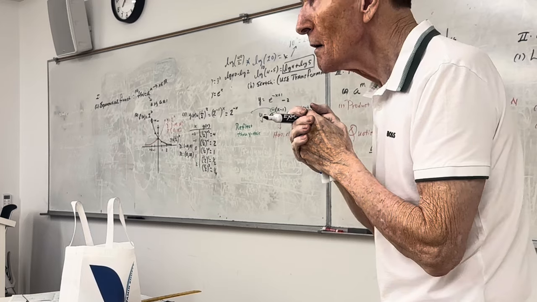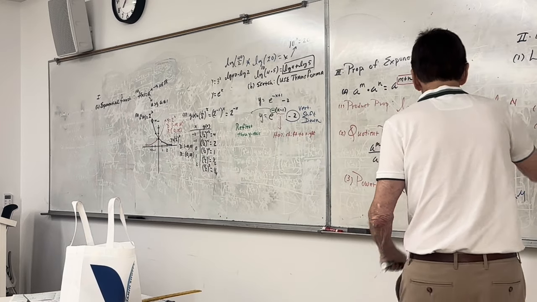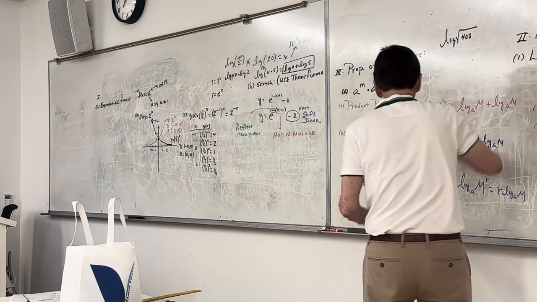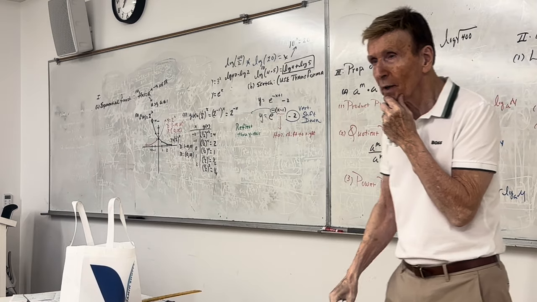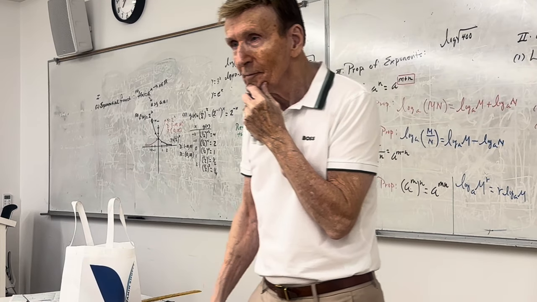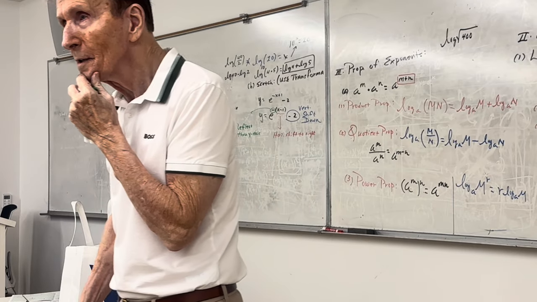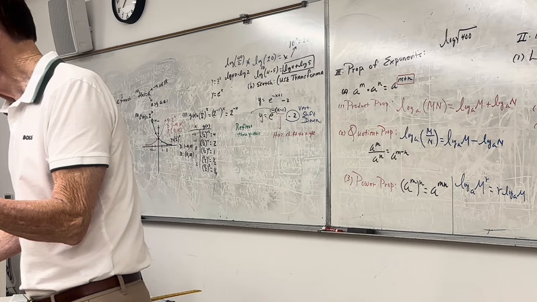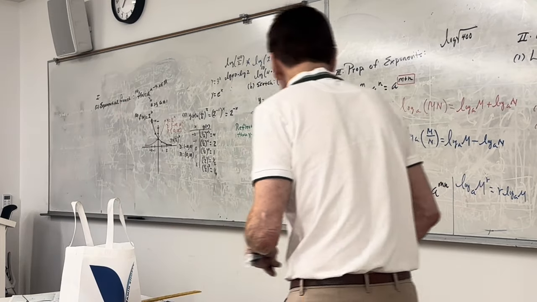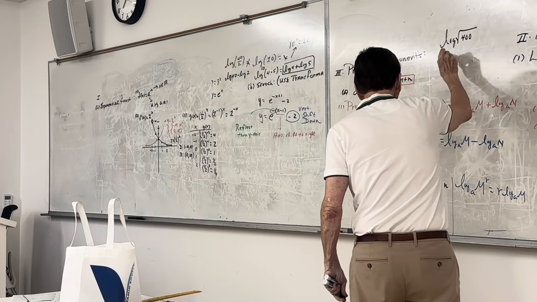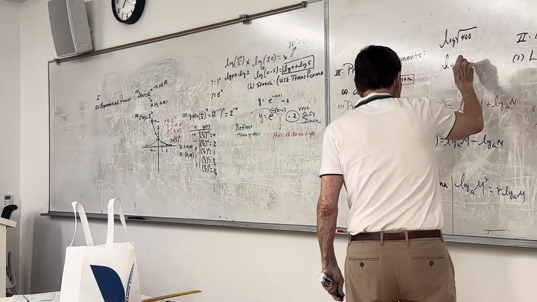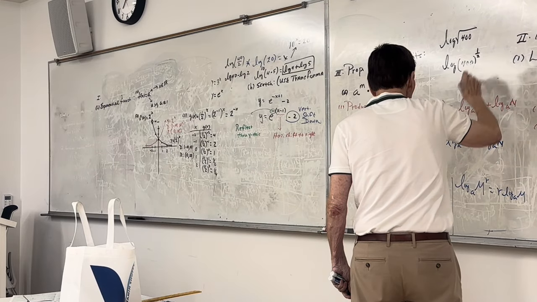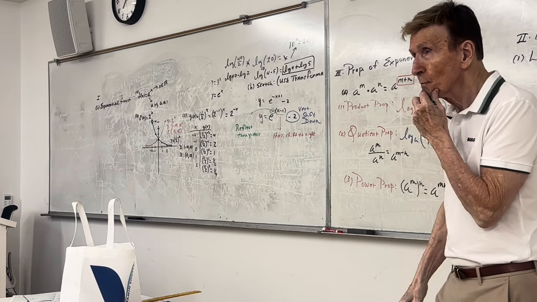2 root 5? What's the square root of 400? It's 20. 20 times 20 is 400. So this could be expressed as 400 to the 1/2.